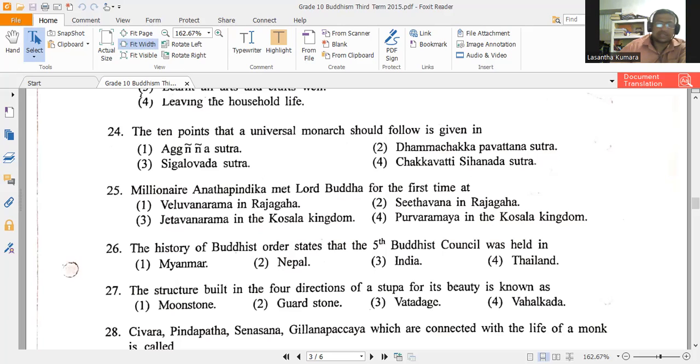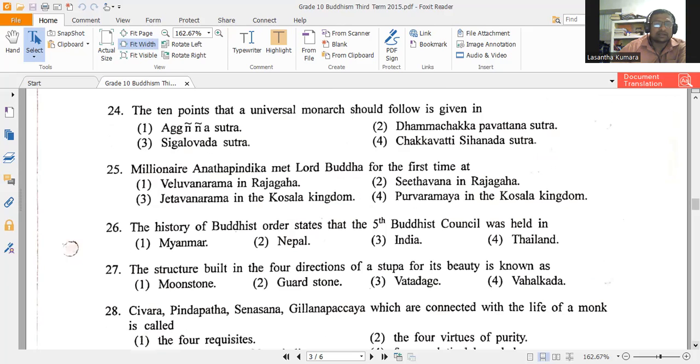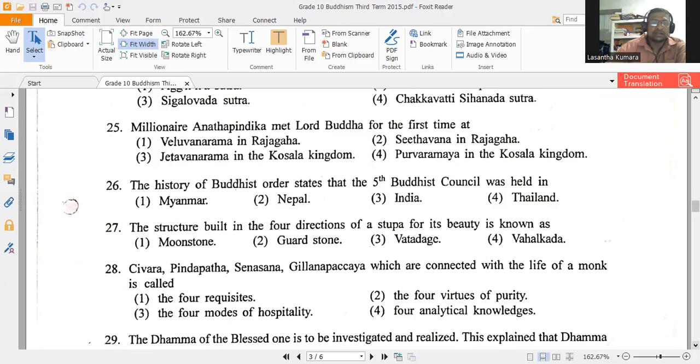Then the 27th one. The structure built in the 4 directions of a stupa for its beauty is known as what? It is Vatadage, something built around a stupa.